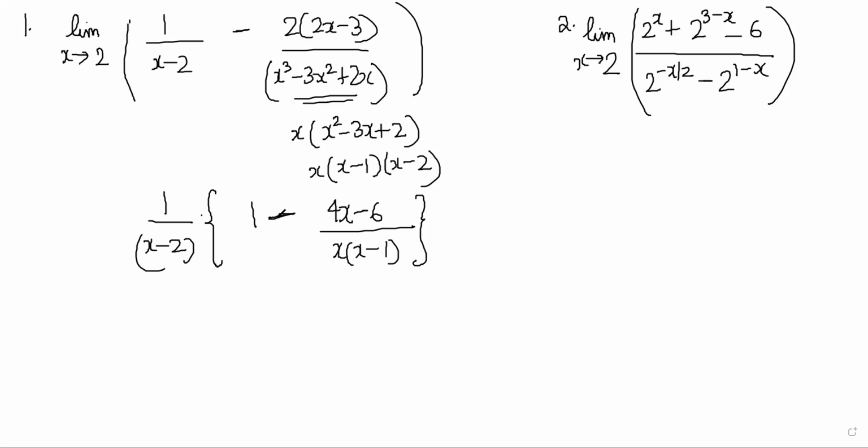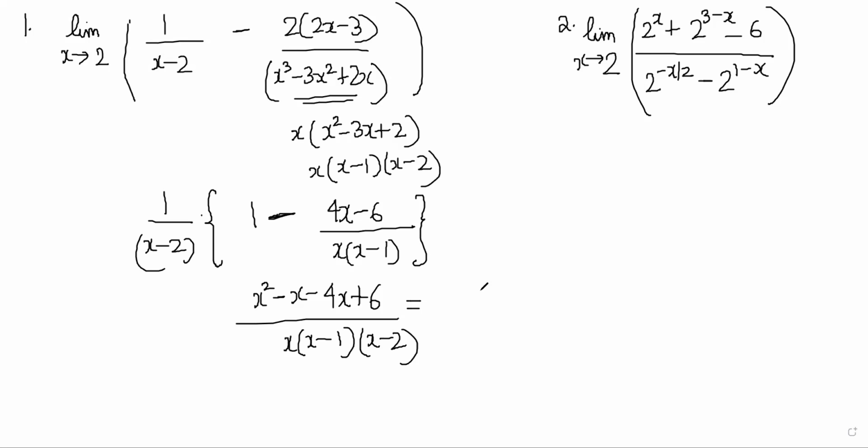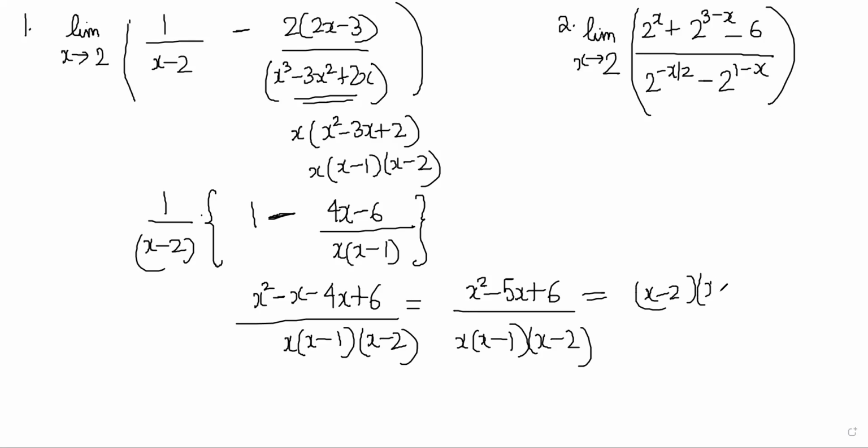So that becomes x square minus x minus 4x plus 6 by x into x minus 1, and in the denominator there's an x minus 2 also. So that becomes x square minus 5x plus 6 by x, x minus 1, x minus 2. And again, the top can be factorized as x minus 2, x minus 3 by x, x minus 1, x minus 2. And x minus 2 can be cancelled.